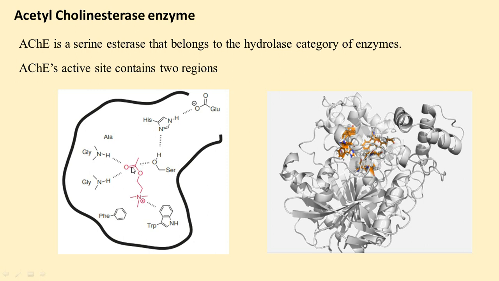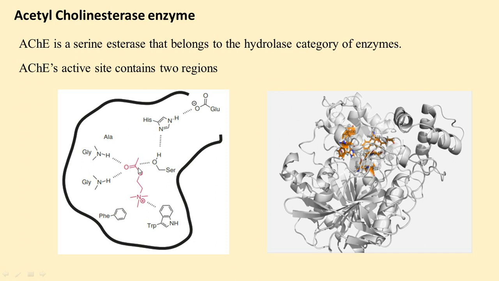This carboxyl end is always oriented in such a manner that the carbonyl oxygen makes two hydrogen bonds with these two glycines, and serine has access to the ventral side of the carbonyl carbon.